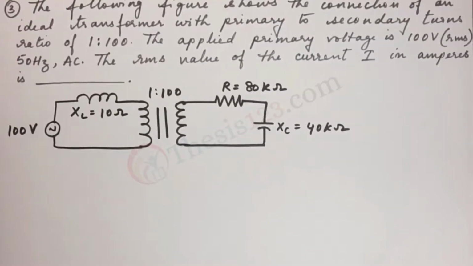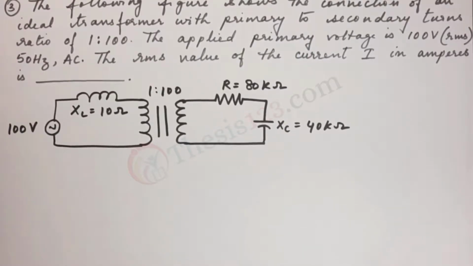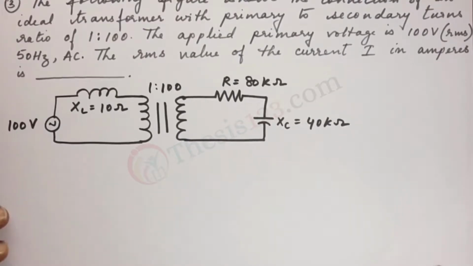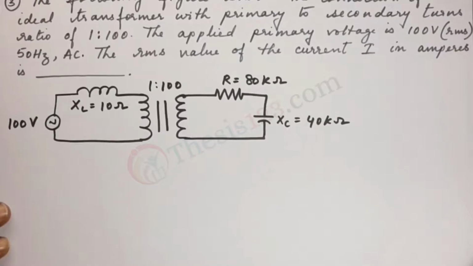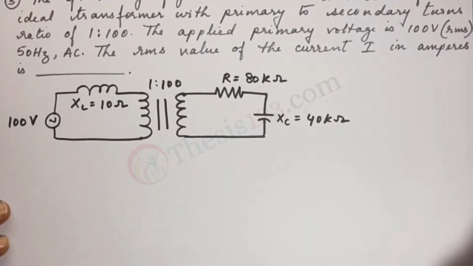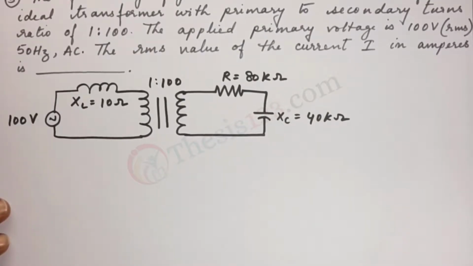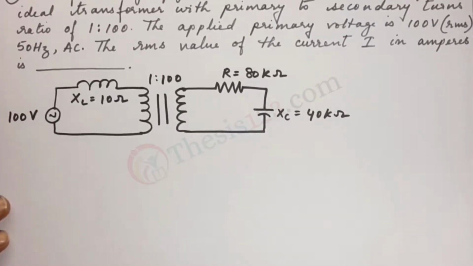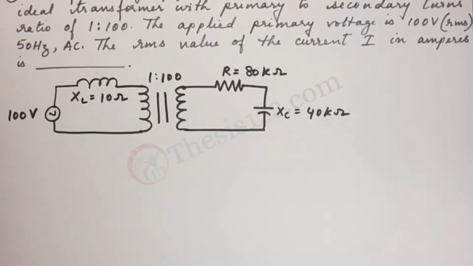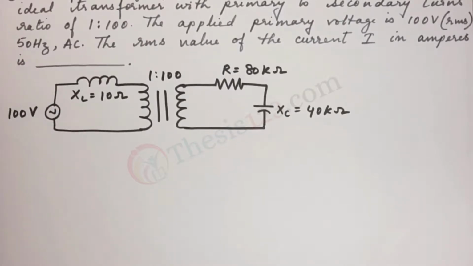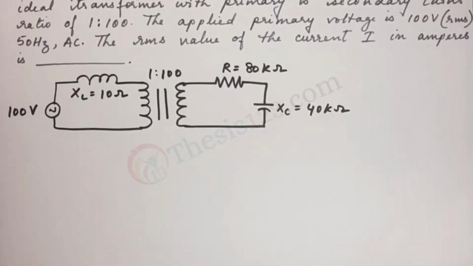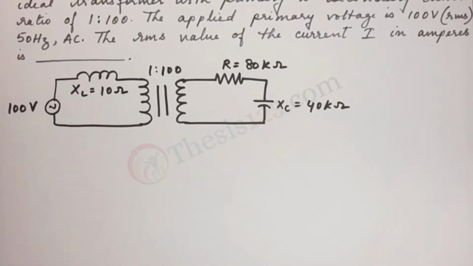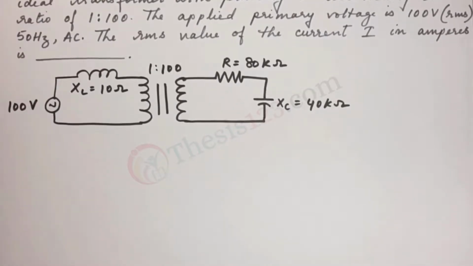So we have been given an ideal transformer with all the ratings as you see in the figure here. The first thing we do is to try transferring the secondary parameters to the primary side. Since we are asked to find the value of the current on the primary side, let's shift everything to the primary side and then write an equivalent circuit.